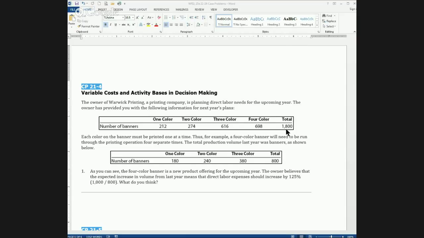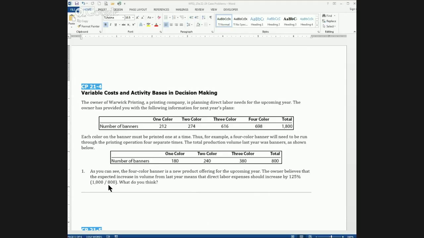The owner says, because we are increasing the number of banners from 800 to 1,800, a 1,000 banner increase over last year's base of 800, that produces a 125% increase in the number of banners. And the owner's logic is that this should also produce a 125% increase in direct labor costs.